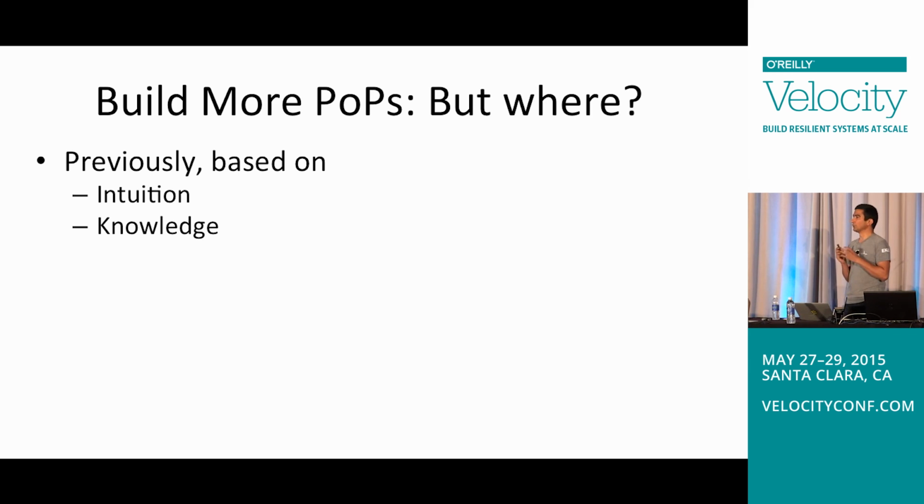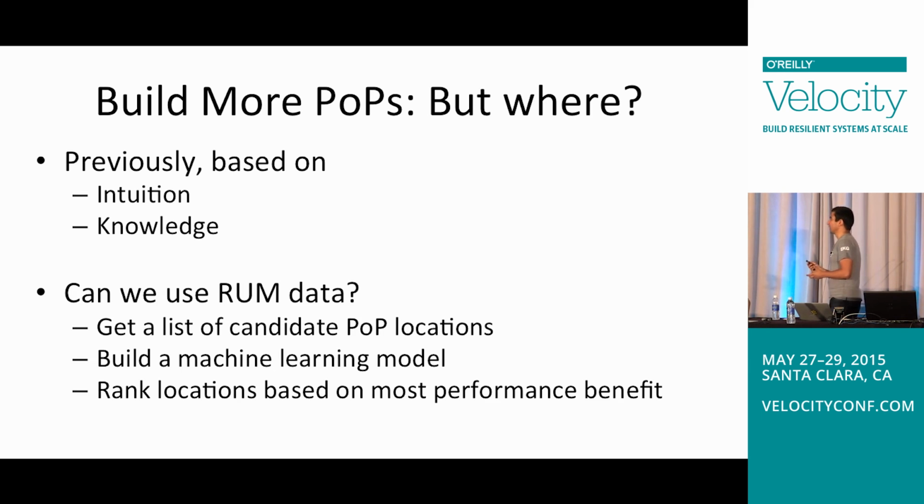No longer. We want to do, again, a data-driven methodology. So we figured out, can we use RUM data? What we can do is take historical RUM data, figure out this user was assigned to this POP and what was his performance. We can also find a list of candidate POP locations. Our network operations team did this, found a list of 400 facilities across the world.